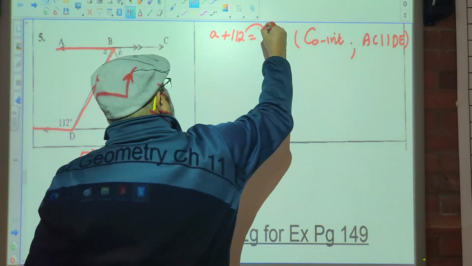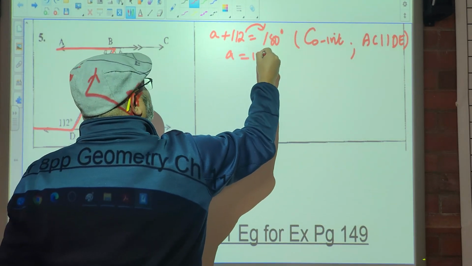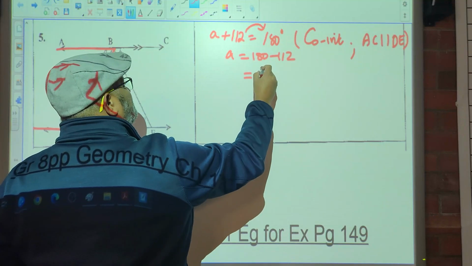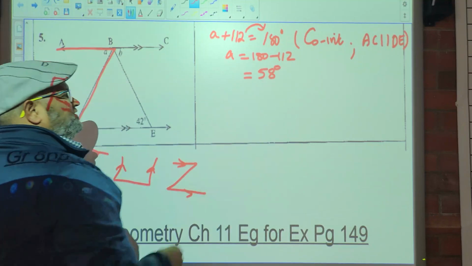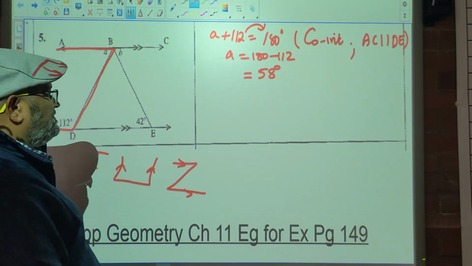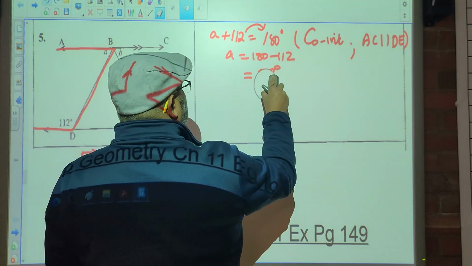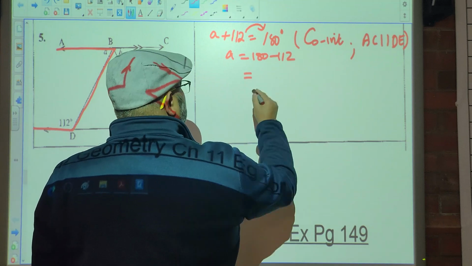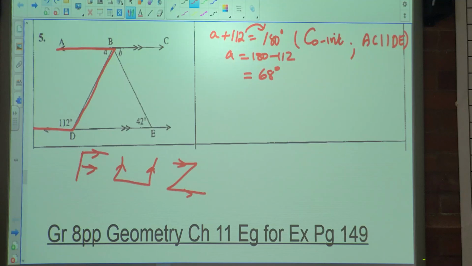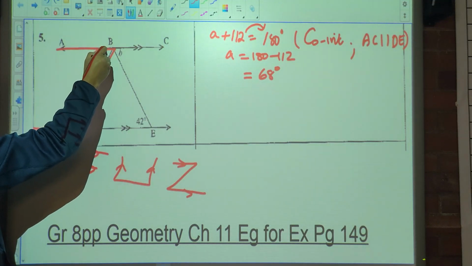Basic equation again, we take it over the equal sign. So A is equal to 180 minus 112, which is 68 degrees. So I put 68 degrees here.